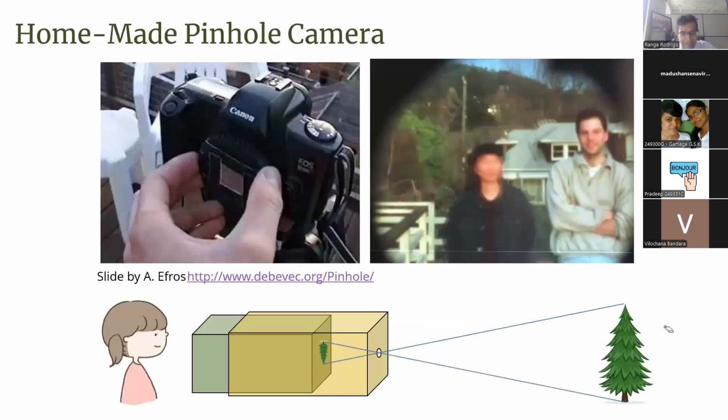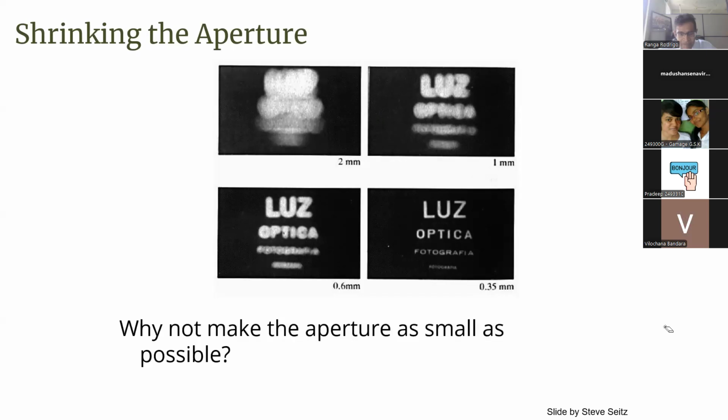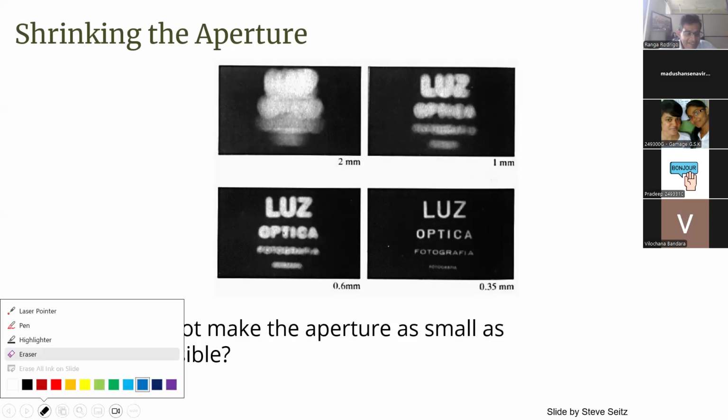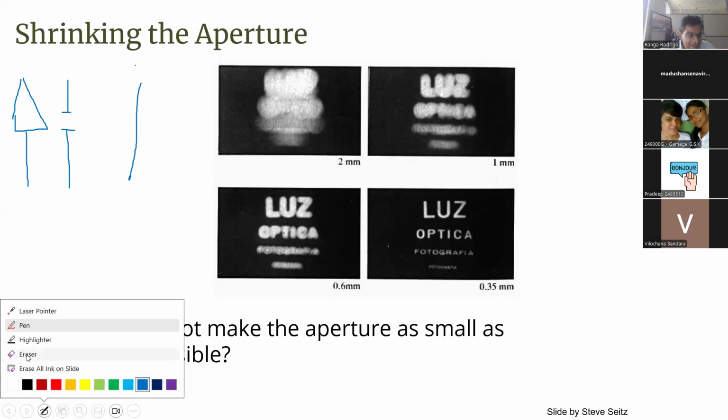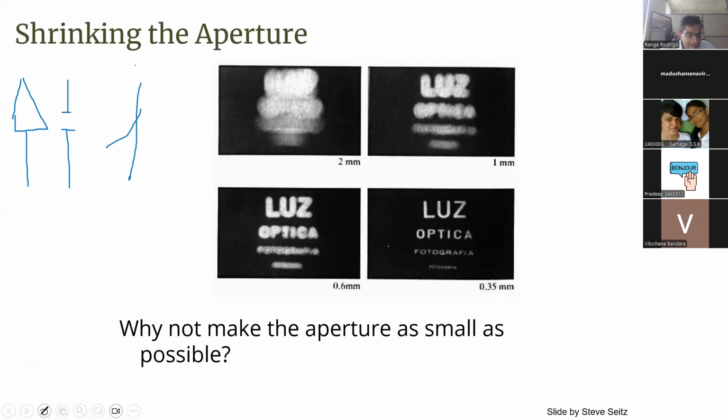Now one problem that you observe here is the image is blurred. What is the reason? How can you make it sharper? The reason for the blur is obviously this. There is a finite size to the hole that we make. Assume that this is the hole. If you take the tree like that, and this is the film, tissue paper or something.